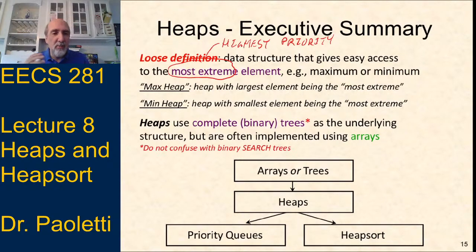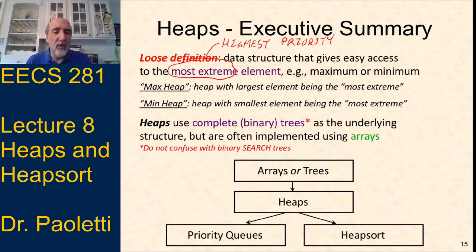So it's always going to be the highest priority at the top, but if the largest value is the highest priority, that's a max heap. Smallest value is the highest priority, that's a min heap. And min heap and max heap are just shorthand names for referring to these, because it's a lot easier to say max heap than it is to say a heap in which the highest value is considered the highest priority. That's a lot of words. We say max heap instead.